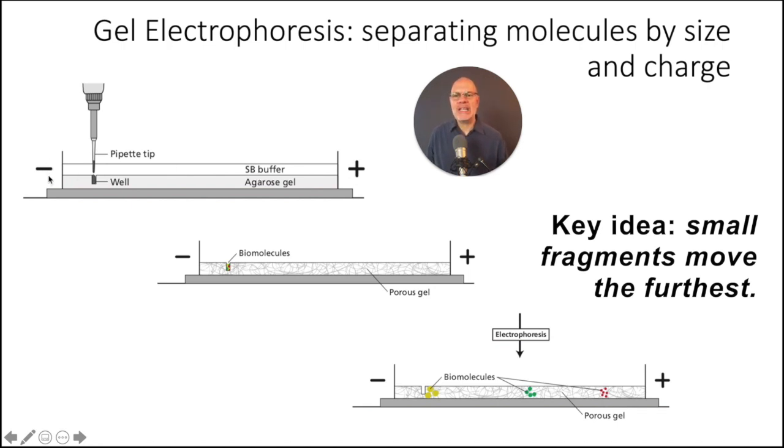That's why there's a negative sign over here for a negative charge and a positive sign over here for a positive charge. You put the molecules, or whatever it is you're testing, that can be DNA, it can be ink, and you put it in over here, you turn on the current, and then the electricity actually moves the molecules across. So you can separate molecules by size and charge.